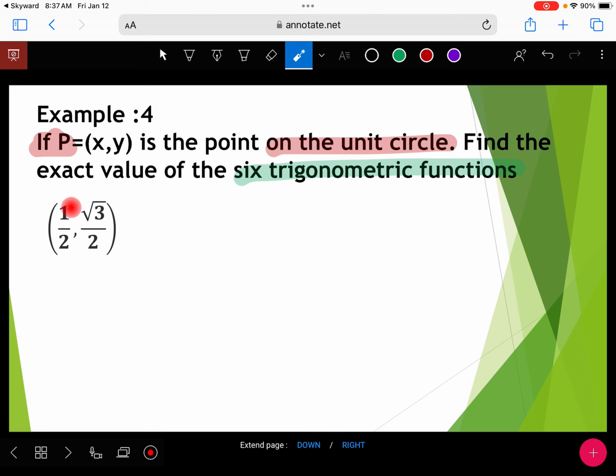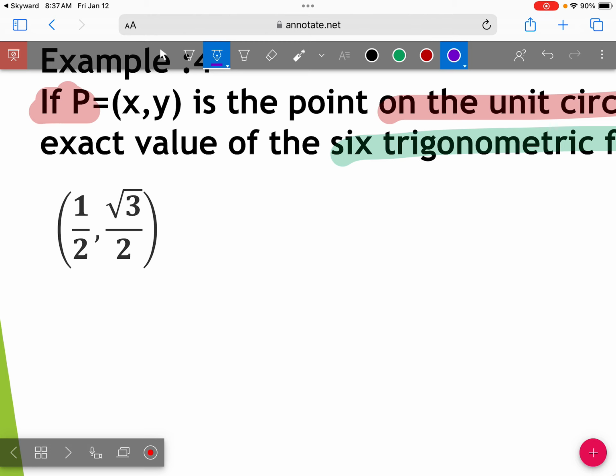And if they tell you the coordinate, you automatically have 2 of the 6, because the coordinate is cosine and sine. If you know cosine and sine, you can find all 6. So I'll give you a couple minutes. This is our last one.